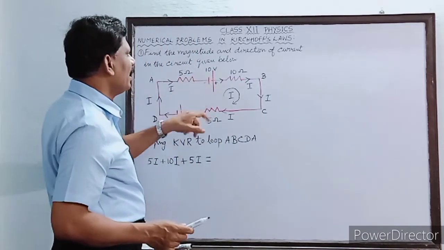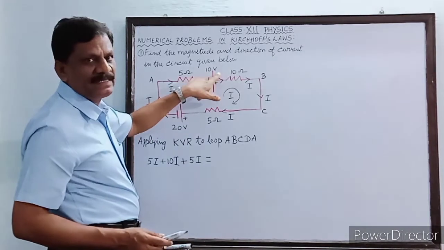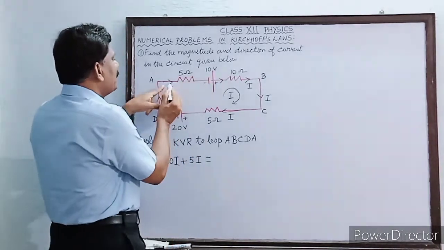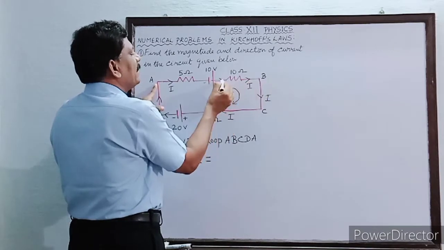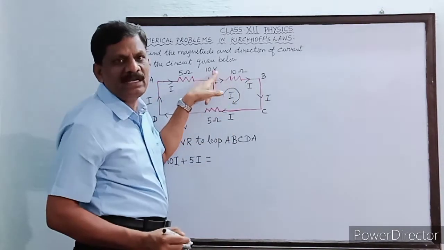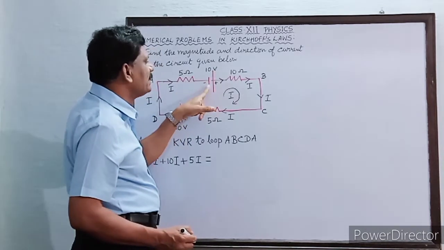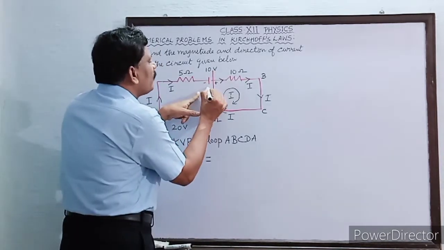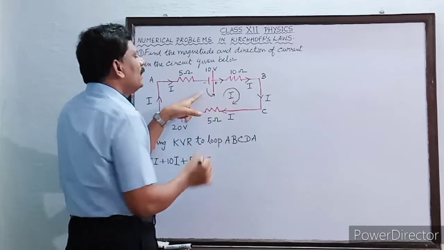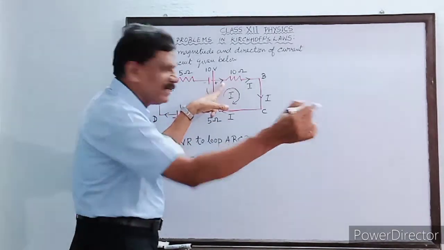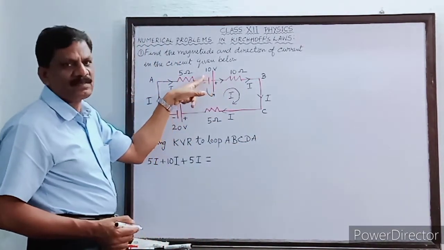In this cell, 10 volt is the EMF. And you see the current is flowing from A to B such that the current is leaving the positive terminal. The current is flowing from negative to positive inside the cell, and it leaves the positive terminal. Therefore this 10 volt is positive.